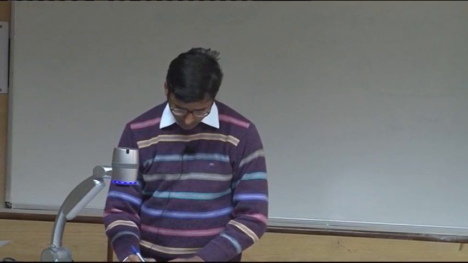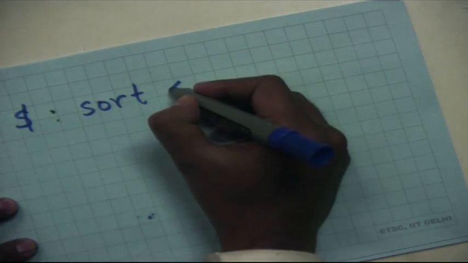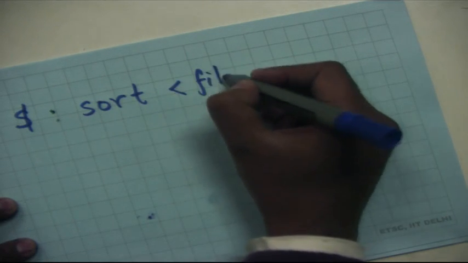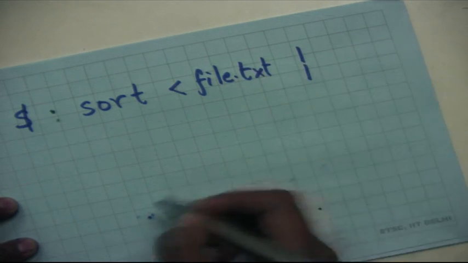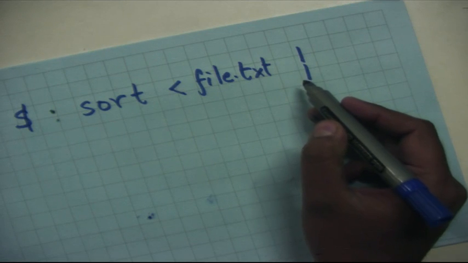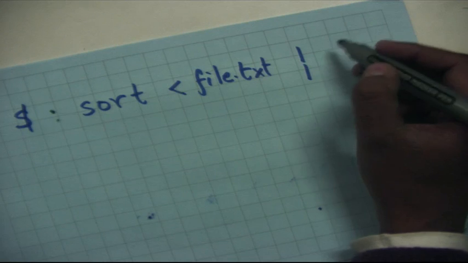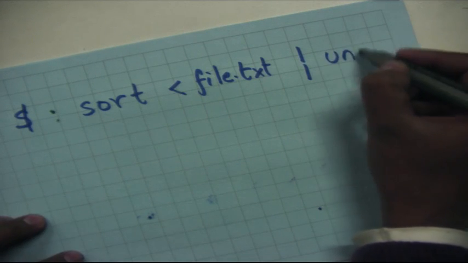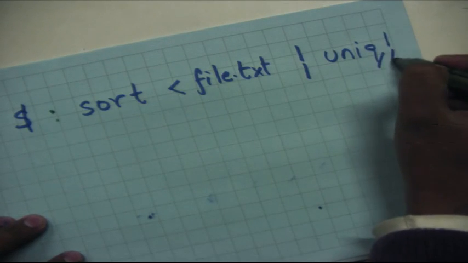So the syntax for this on the shell is sort less than file.text, pipe. And this is the pipe character on the keyboard. Then it says sort, then unique, and then again pipe and WC.